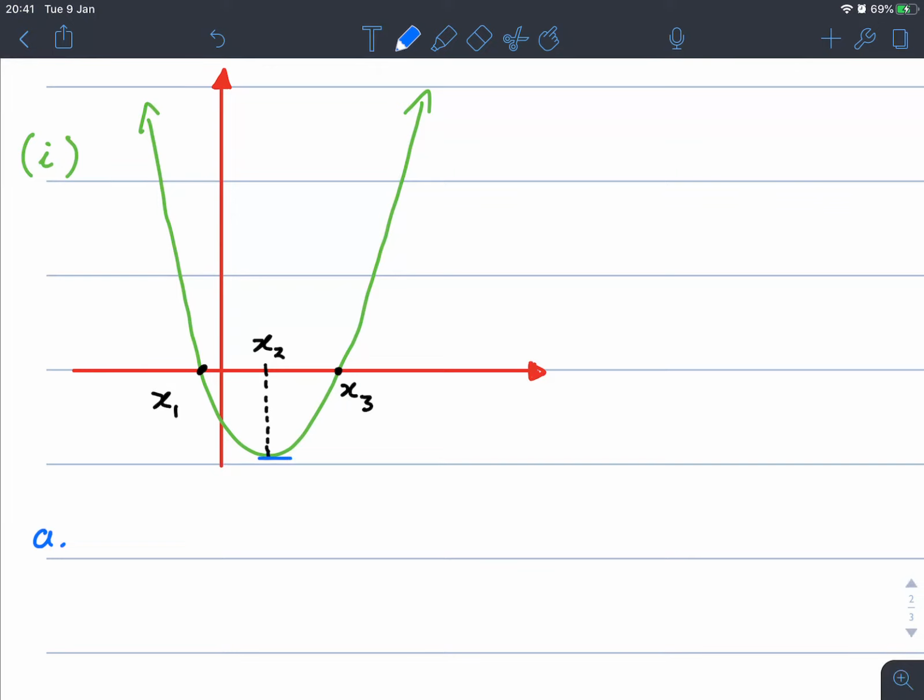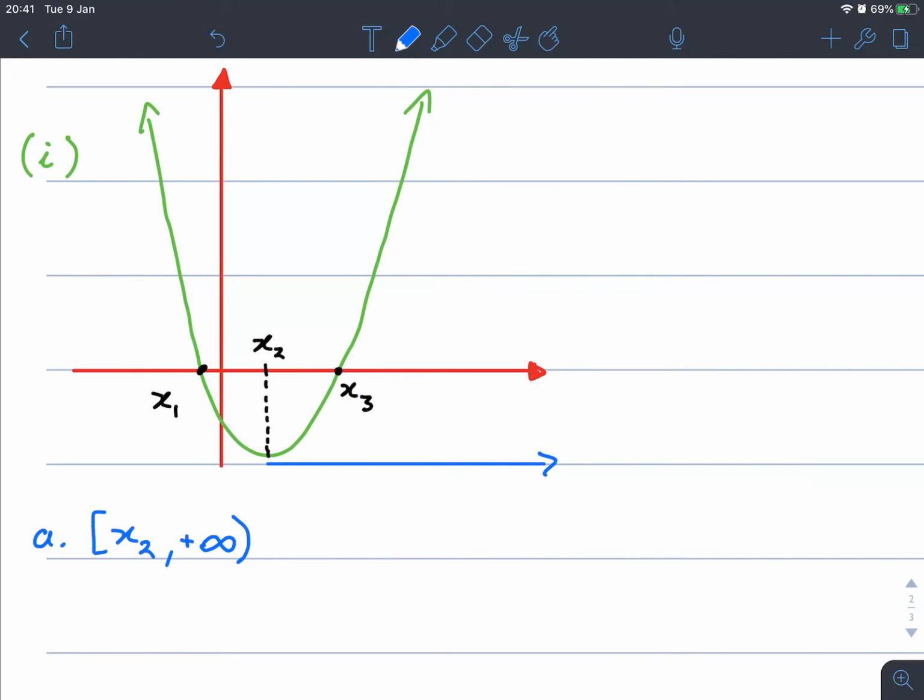And from that point, as x is increasing, y is also increasing. So for this, x is increasing from this value to positive infinity. From this point on, the function is always increasing.